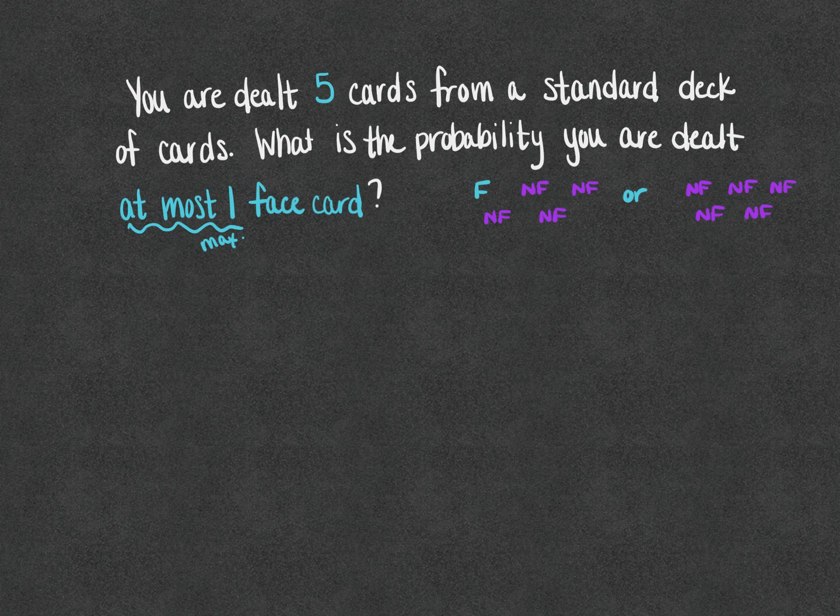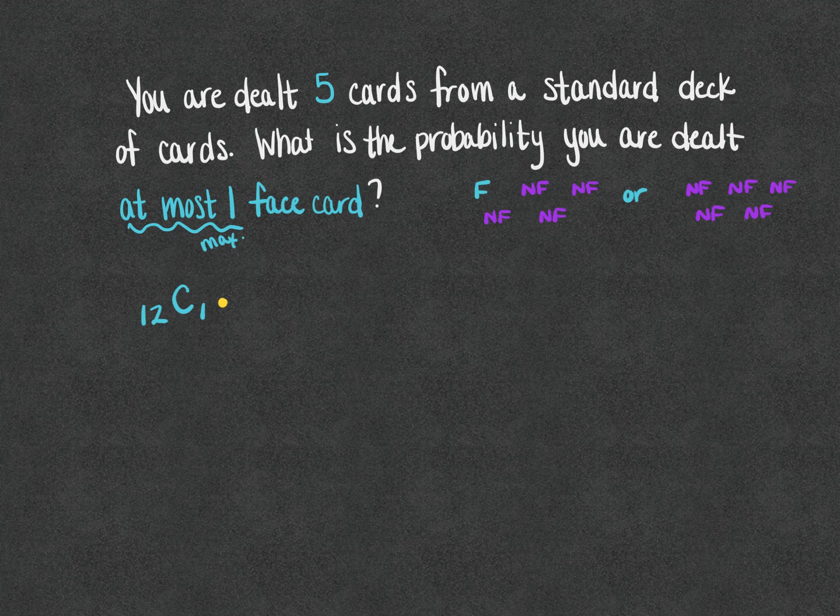Now let's think about building our combinations. So when we have one face card, think about how many face cards there are in a deck. There are 12 face cards. We are going to choose one of them to be in our hand. And we need 4 cards that are not face cards.